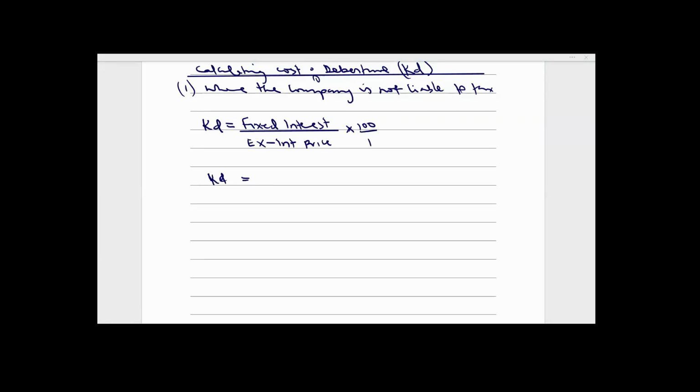So the interest rate is usually attached to the value of the debt. The value of the debt is 10 million naira. Okay, 9% is the interest that the debenture holders will earn on the 10 million. So 9% of 10 million will give you 900,000 naira in total.